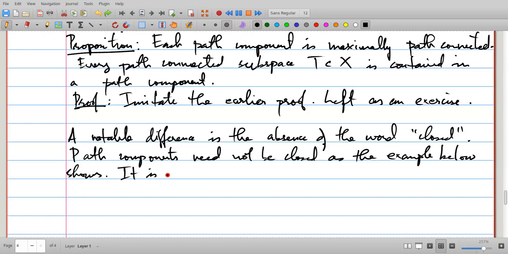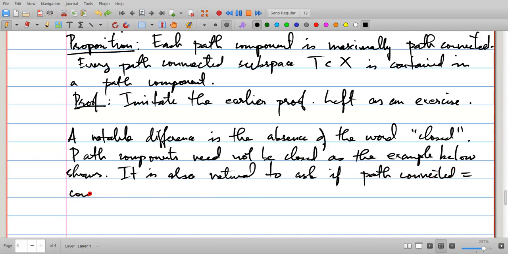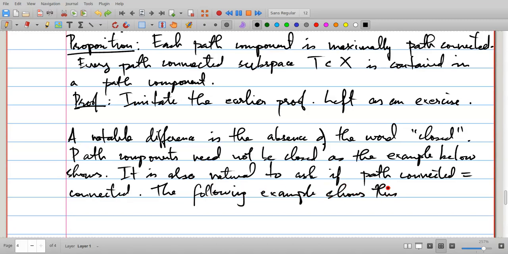So it is also natural to ask if path connected is equal to being connected. So the following example shows this is not the case.